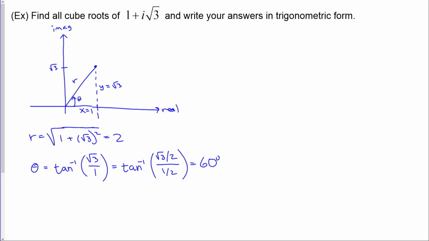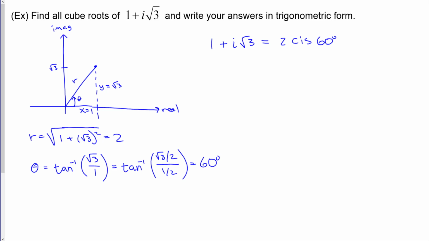So the next thing is to express this value, 1 plus i root 3, in trig form. So this in trig form is going to be 2 cis 60 degrees. Now, what I want to do is find the cube roots of this. So the cube roots are going to be found like this.